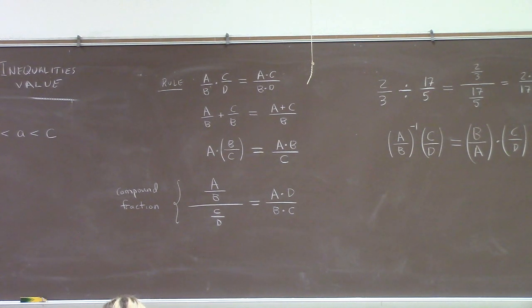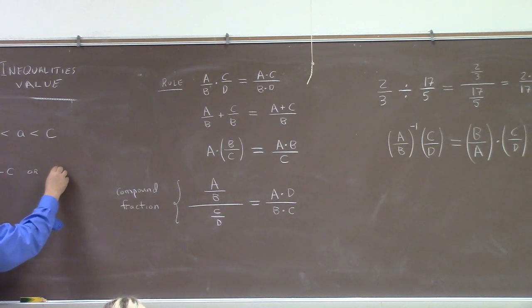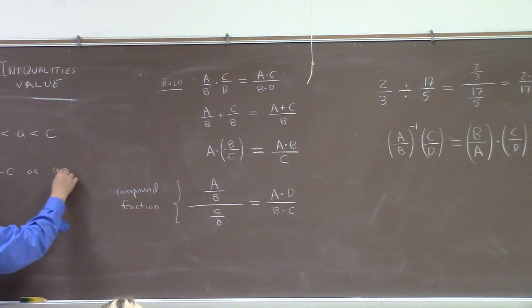But annoyingly, if we have the absolute value of A greater than C, then that means that either A is less than minus C or A is greater than C.